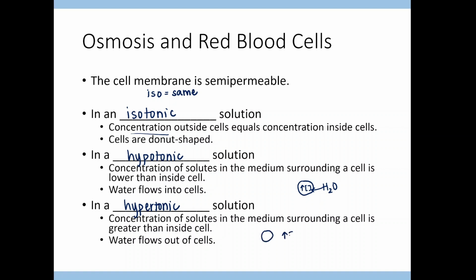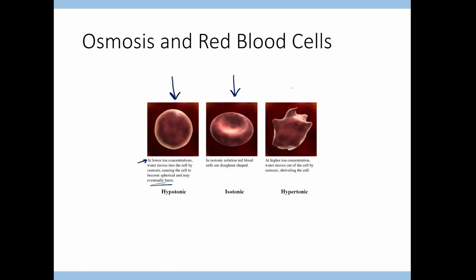So higher concentration outside of the cell. So water is going to leave the cell to the area of higher concentration. This is what a hypertonic red blood cell looks like. Water moves from the cell to the surrounding solution, and that causes the cell to shrivel because there's less water in the cell.